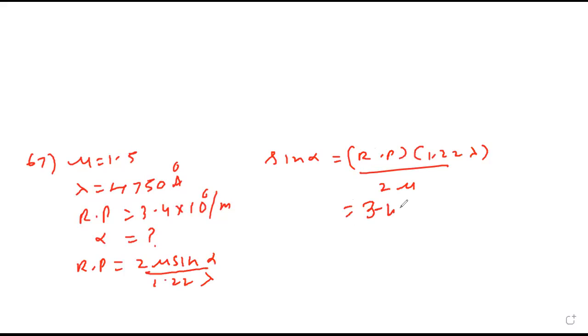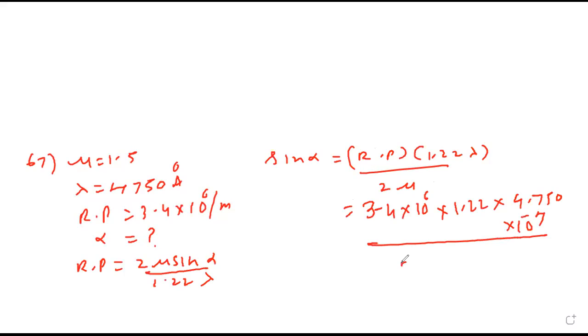So 3.4 into 10 raised to 6 into 1.22 into lambda, 4.750 into 10 raised to minus 7, upon 2 into mu 1.5. This is 2 into 1.5, that is 3.